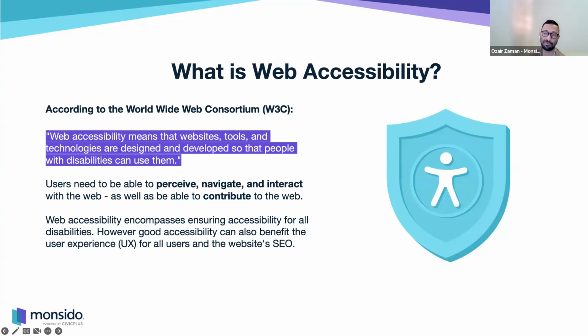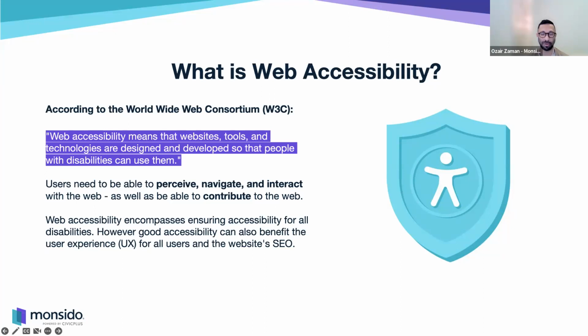Now let's pause here for a minute. Think about your own website, right? Think about who is visiting there and what are they there to do, right? So from that perspective, think about the parts of the website that they'll need to interact with to get the job done that they're there to do. And are those items perceivable? Are they navigable? Are they able to interact with them in an accessible way?